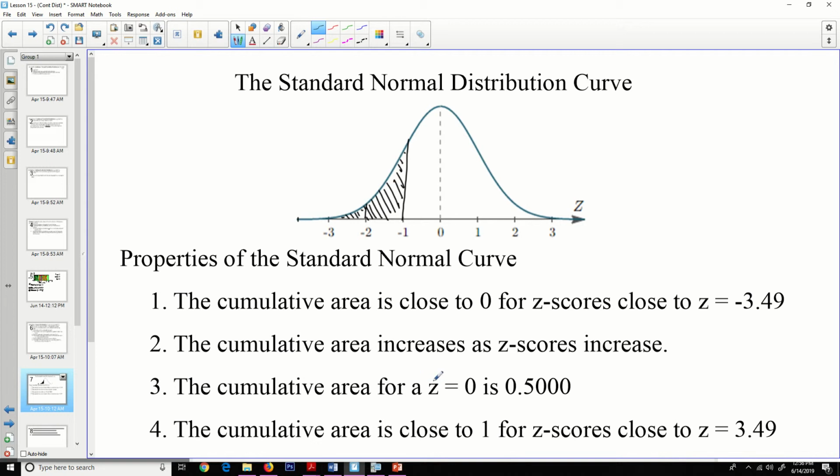Now the cumulative area for a z-score of 0, and remember z-score is the standard deviations away from the mean, would be right here at the mean, and so we have half of the area on the left-hand side. The cumulative area is close to 1 for z-scores that are close to 3.9. So if I were to come over here, here's my z-score that's close to 3.5, I would have almost all of the area, which has to be 1.